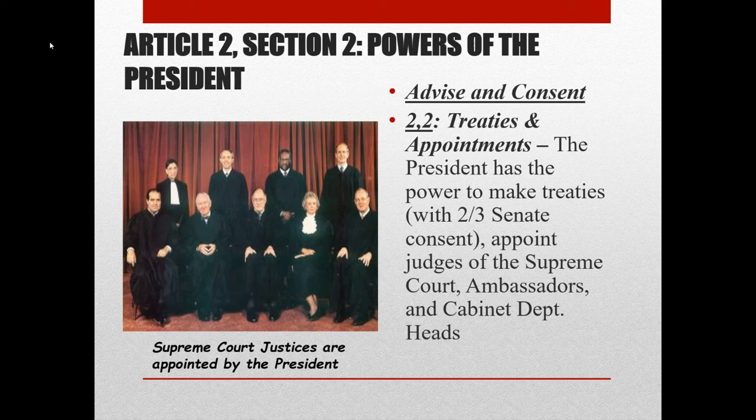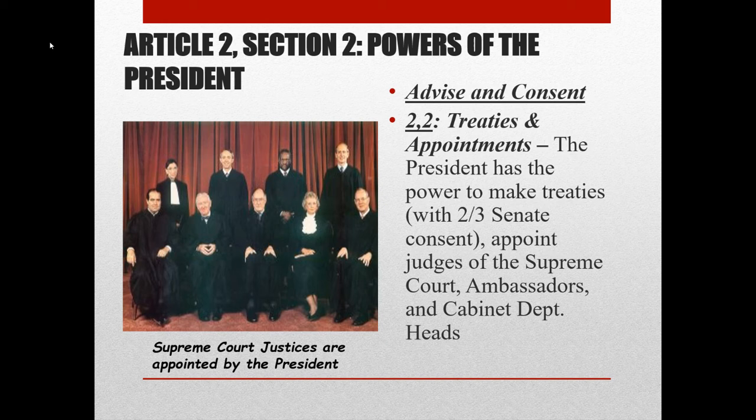The next one, too, is appointments. The president can appoint judges to the Supreme Court, ambassadors, and also department heads for their cabinet, like Department of Justice or Department of Agriculture or Transportation. All of these individuals have to get approval from the Senate. Again, that advice and consent.